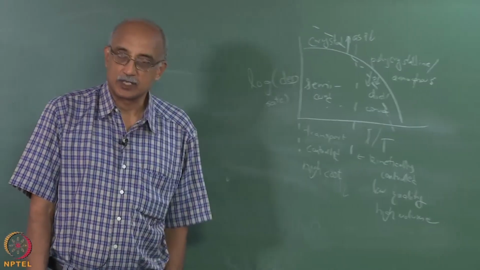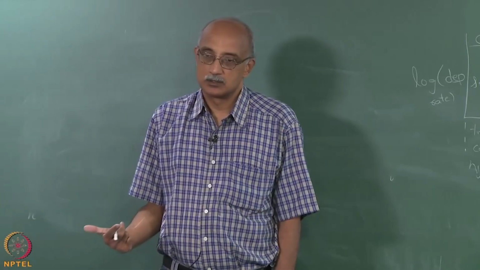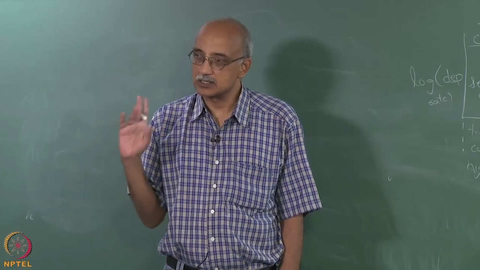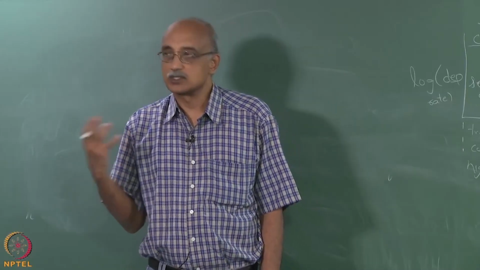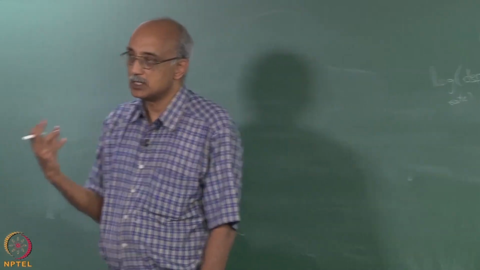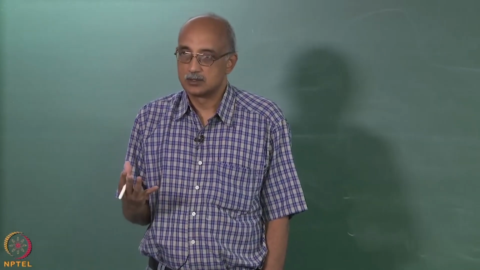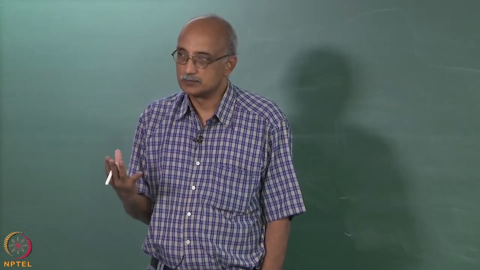What are the other parameters we can vary? Temperature, pressure. I think last week we discussed the effect of concentration, right? If you change the concentration of your reacting species, if you double the concentration, what will happen to the deposition rate?